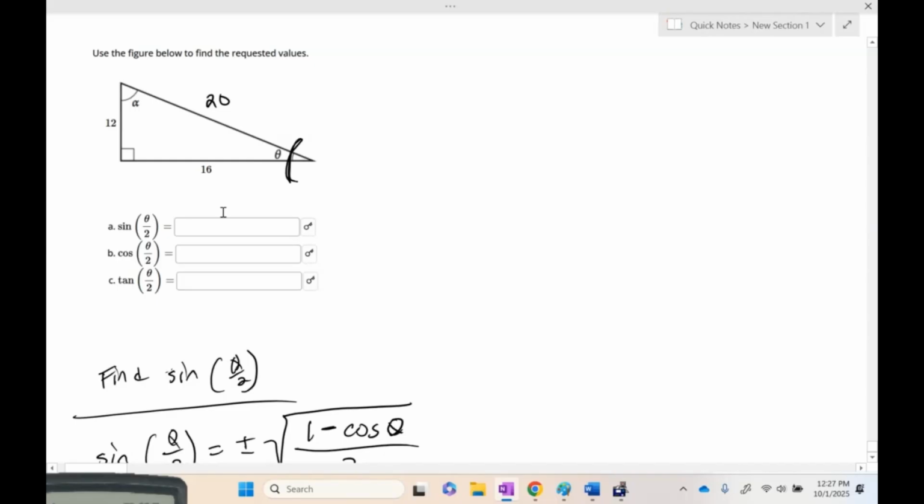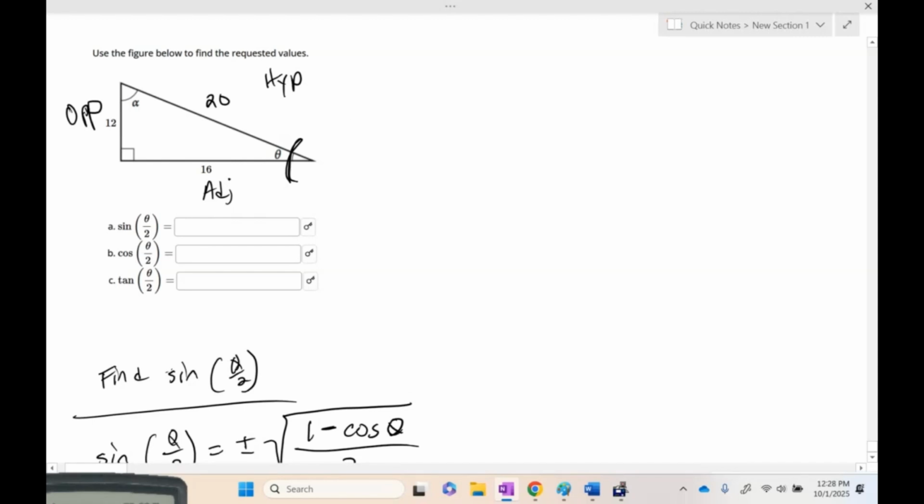So now that we label our sides, 20 is still the hypotenuse. Since the side length 12 is opposite our reference angle, 12 is now the opposite. And since the angle and 16 share the common side, 16 is now the adjacent. So you have to be careful on what your reference angle is.